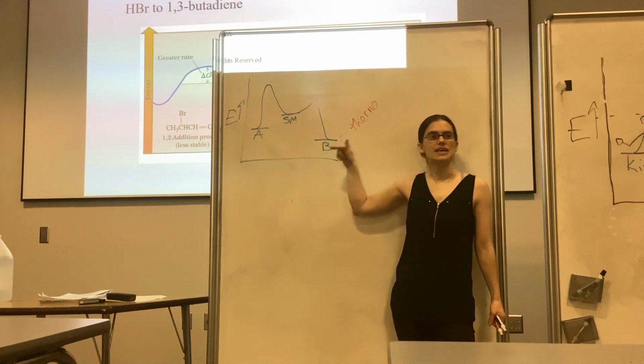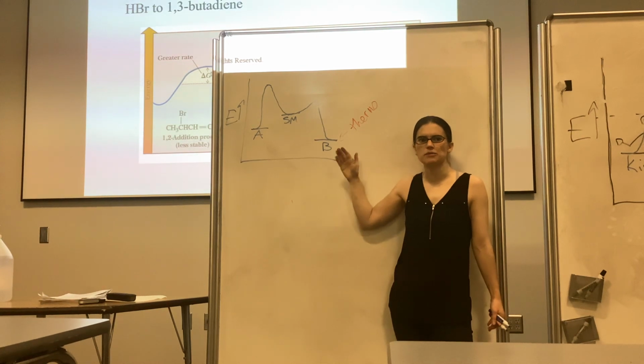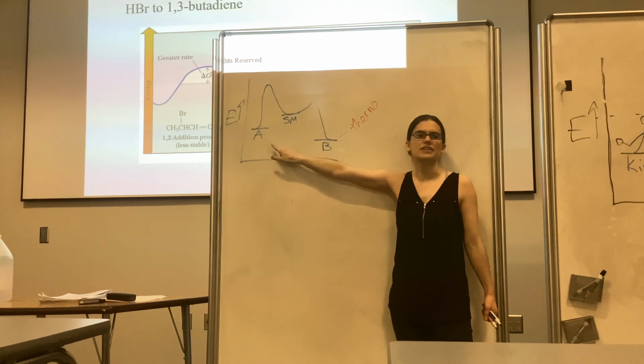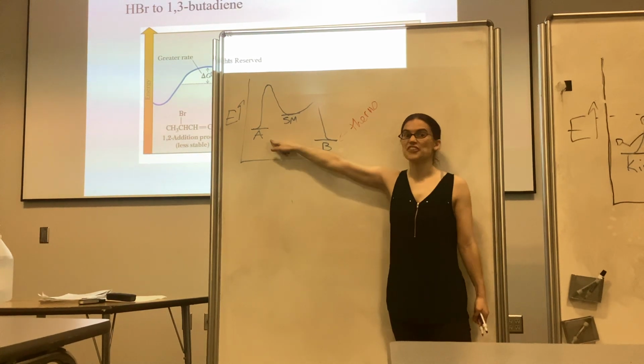If we cool this way down, should we eventually be able to cool it down enough that we start favoring A? No, right? Because this is not the kinetic product.